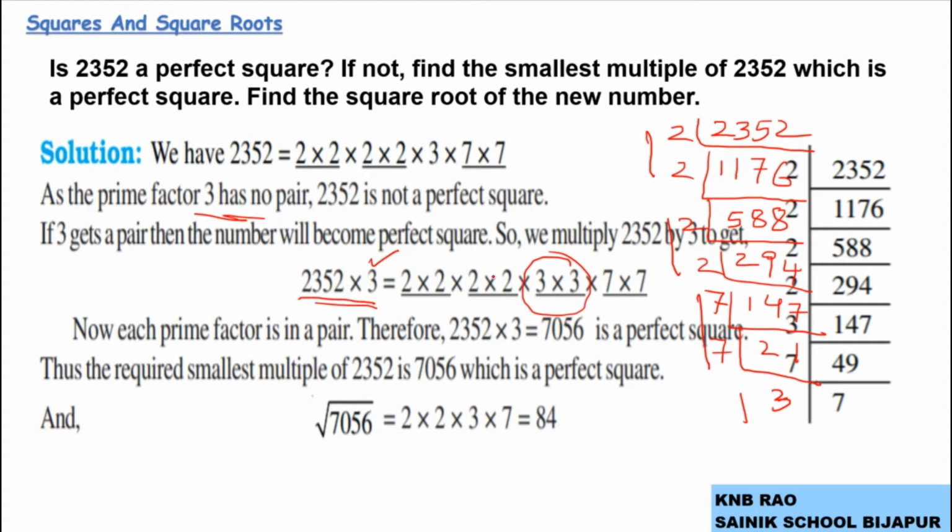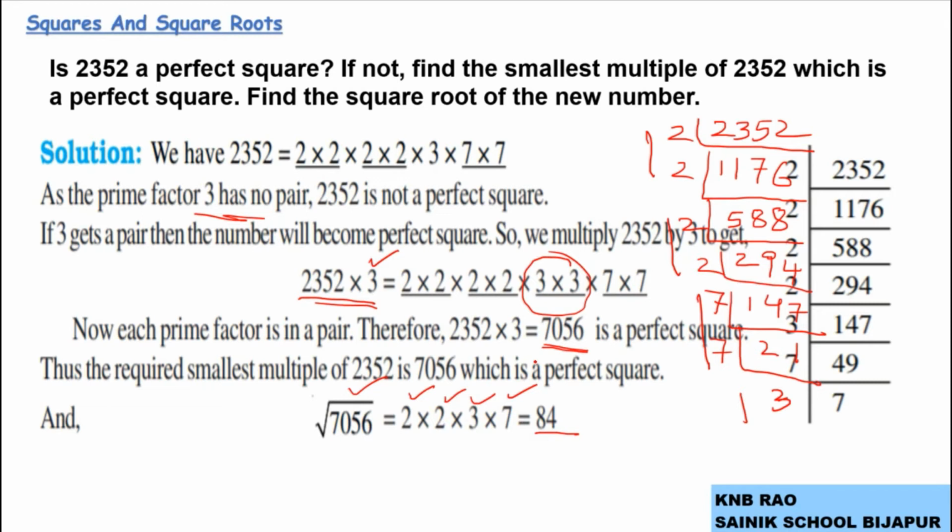Therefore the new number will be, when 2352 is multiplied by 3, 7056, and square root of that 7056 is 84, since from each pair we get one prime number and their product results as 84. So this is the final answer to the question which I have given as homework.